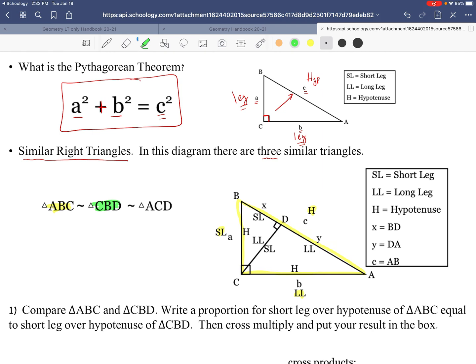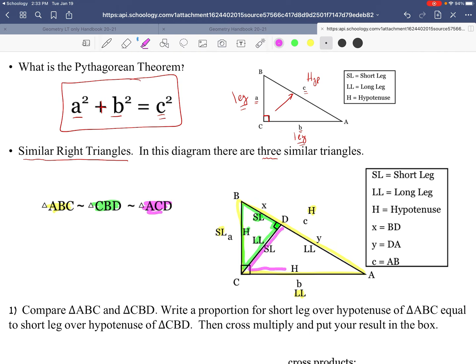It's similar to triangle CBD. CBD is this triangle. That triangle has a short leg, a long leg, and the hypotenuse. Notice where the right angle is. It's over here by point D. And then we have triangle ACD.